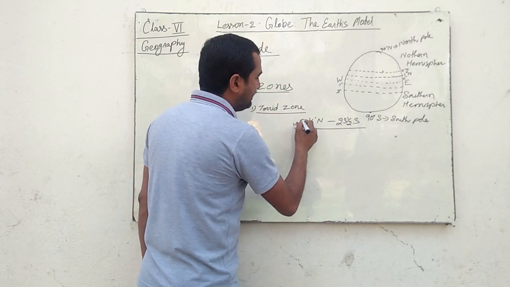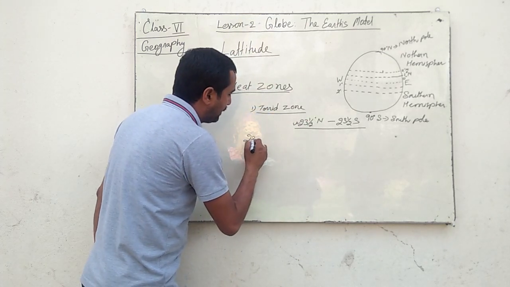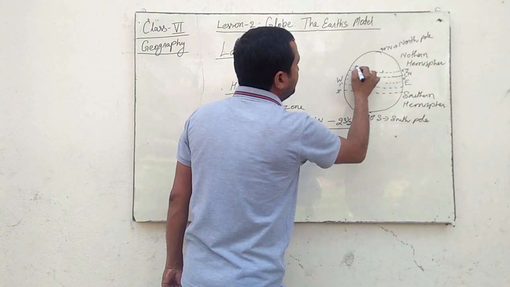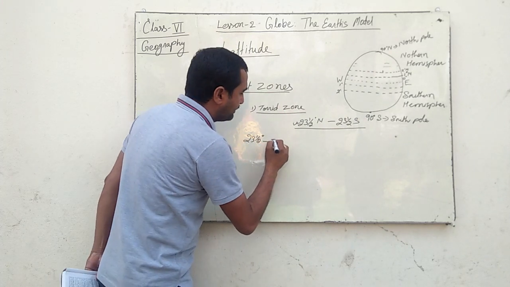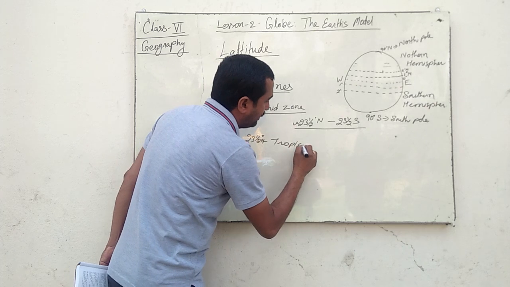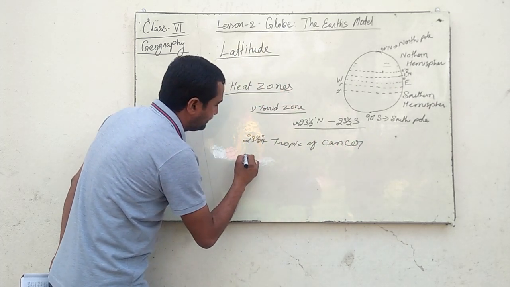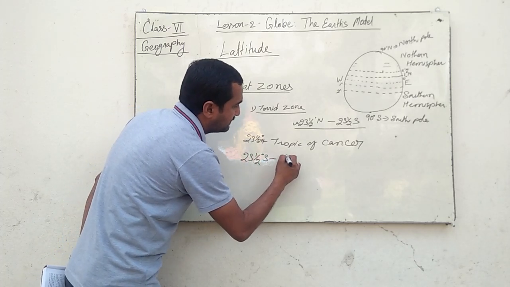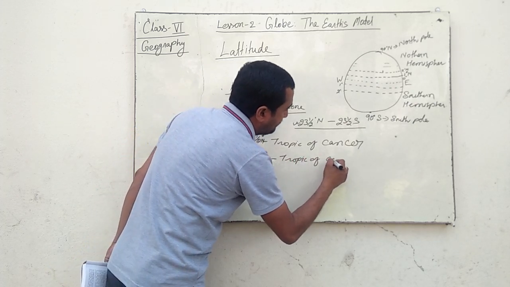Now what is this 23.5 degree north? 23.5 degree north, this way, the same latitude, suppose we move, it will be 20, 23, 24, in this way, is called Tropic of Cancer, and 23.5 degree south is called Tropic of Capricorn.